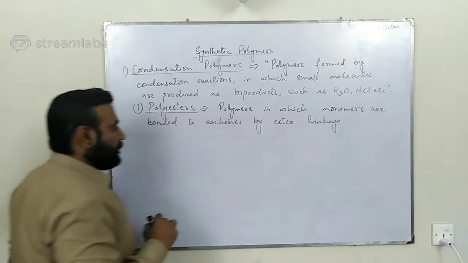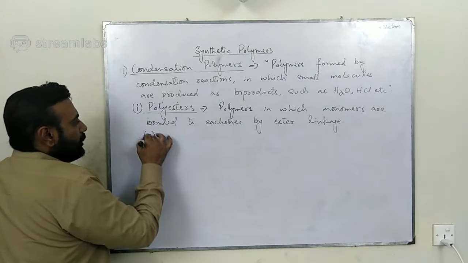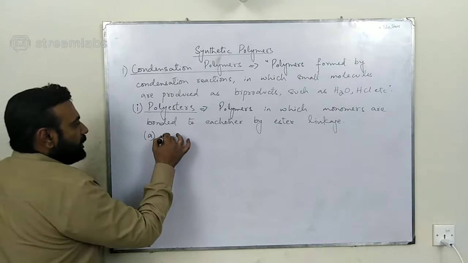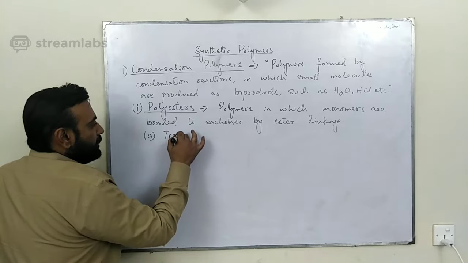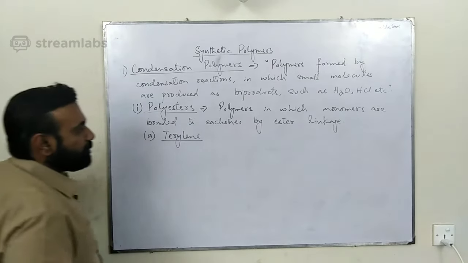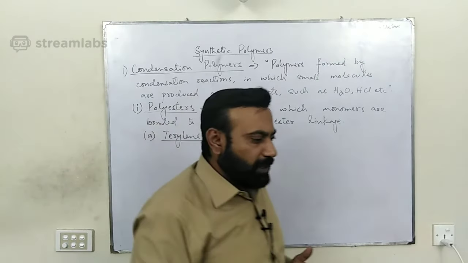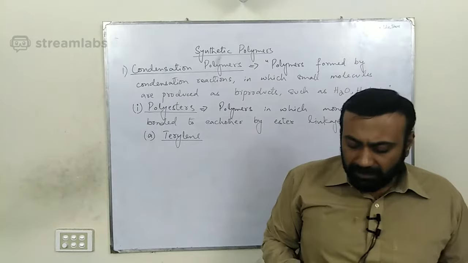One example of a polyester is terylene. Now, terylene is made by the reaction of two different monomers.